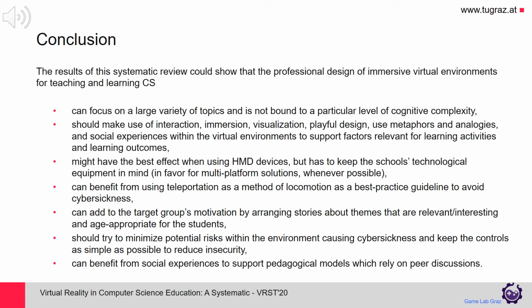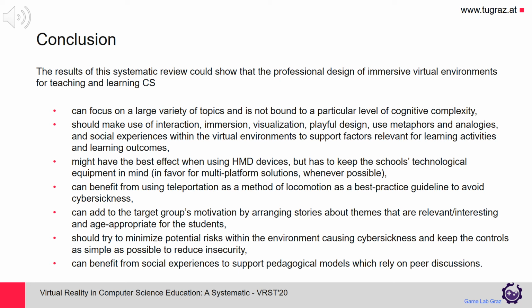The systematic review has some implications for the design of immersive virtual environments for teaching and learning computer science. Such environments can focus on a large variety of topics. They can use interaction, immersion, visualization and metaphors, playful design, and social experiences to support learning. Head-mounted displays might support the learning process best, even though the school's technological equipment has to be kept in mind.